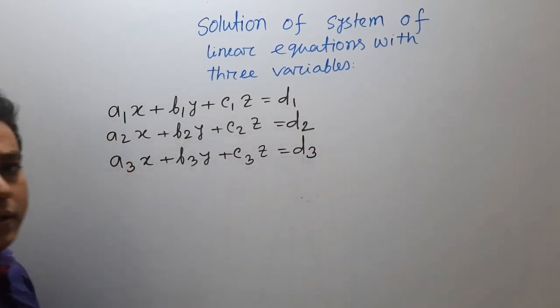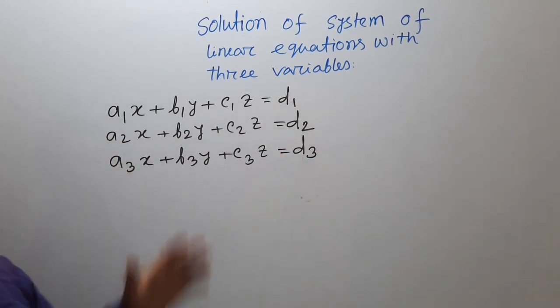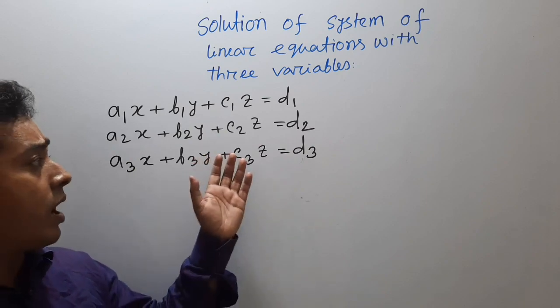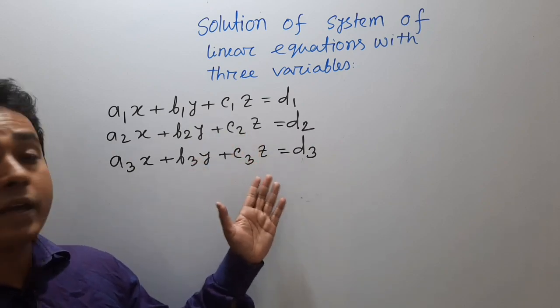This is the system of linear equations for 3 variables. Now how can we solve this system of linear equations?